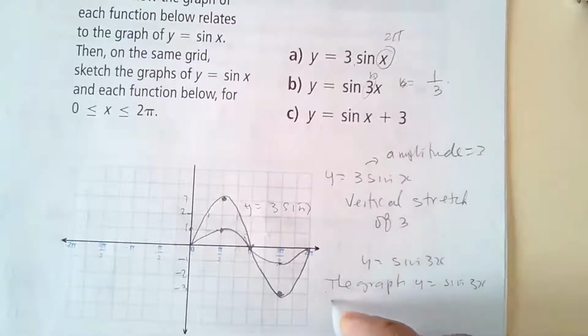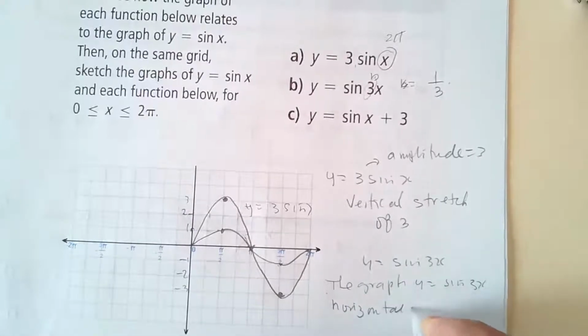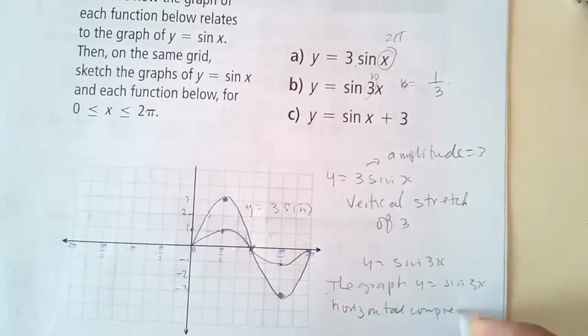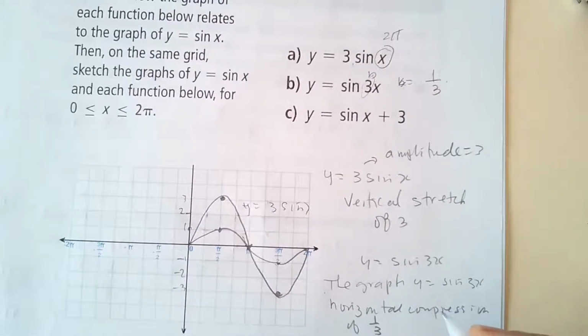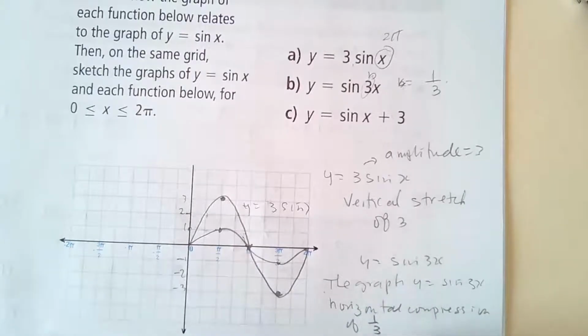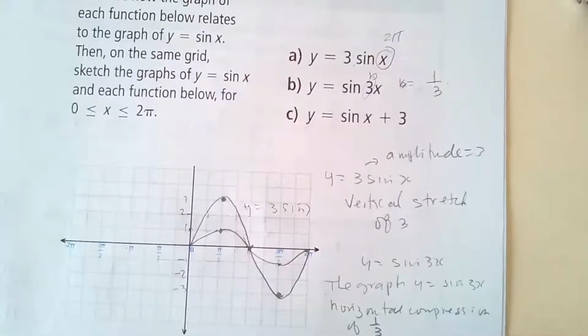You have a horizontal compression of 1/3. Or what we knew now, for the period, the period is now 1/3 of the original, right?